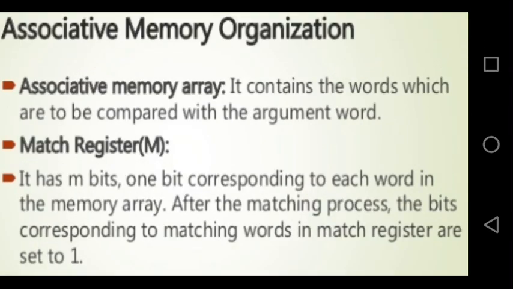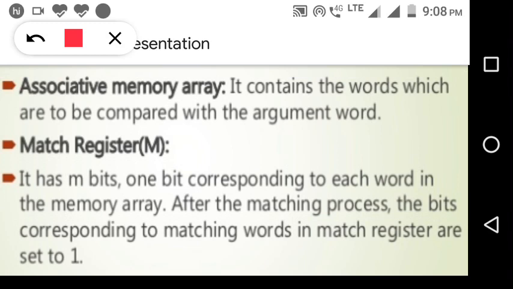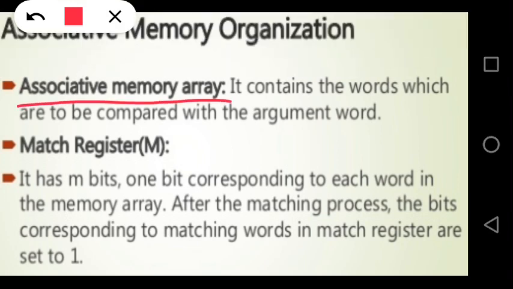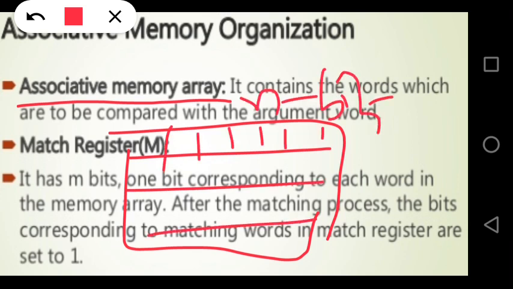Next we see another component in the associative memory, that is the associative memory array. This associative memory array contains the words which are to be compared with the argument word, and each memory word contains n bits, like that m words.